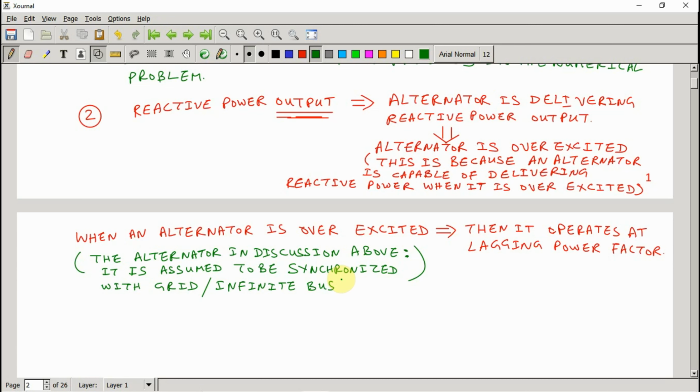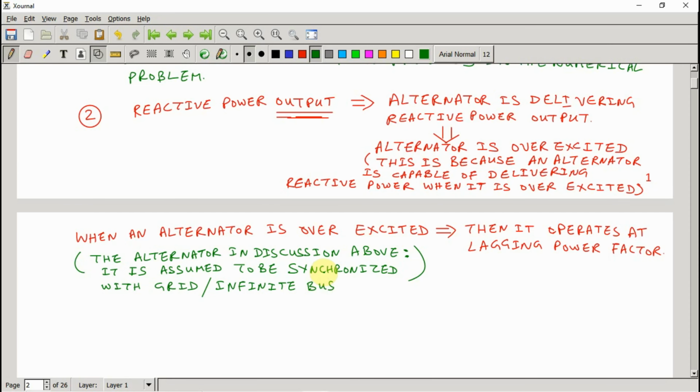The voltage and frequency will always remain fixed and constant. So the statement that when an alternator is overexcited, it operates at lagging power factor, we have said for an alternator synchronized with the infinite bus or grid.